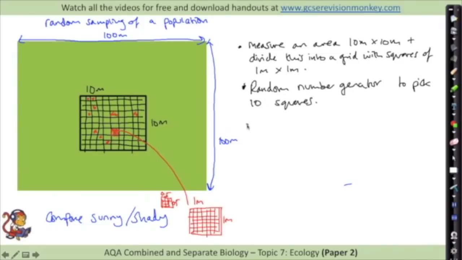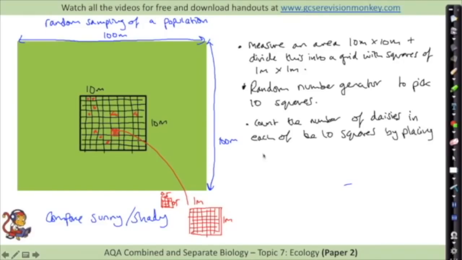We've used a random number generator, and now we are going to count the number of daisies in each of the 10 squares by placing a quadrat over the grid square and counting the organisms we find, or counting the daisies in this case.